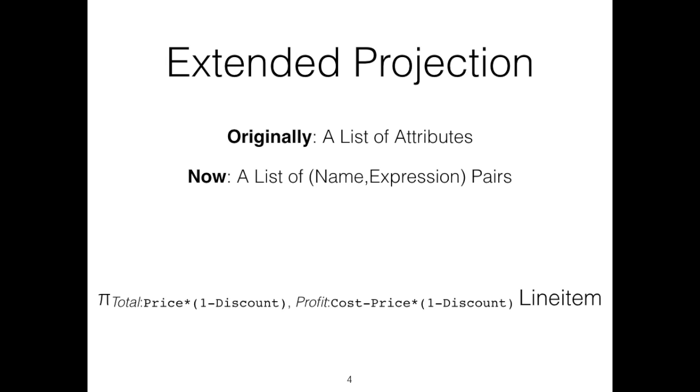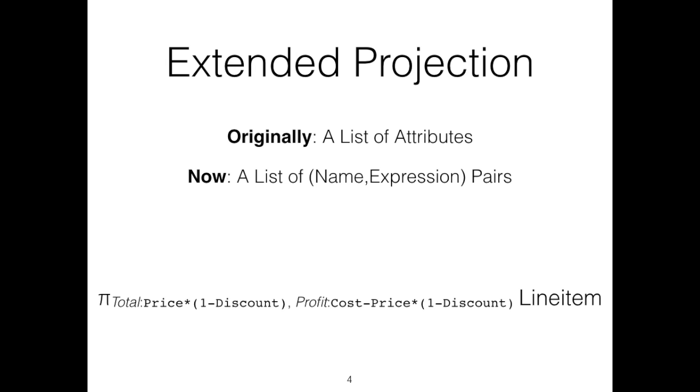What do you do with that list? Exactly. You give a list of attributes, and all of the attributes that appear in the projection list are the attributes that you keep. Everything else goes away.